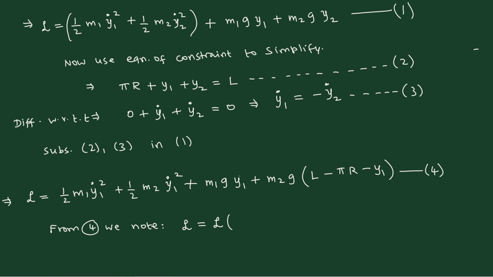So the y1 is a variable, therefore let us say that Lagrangian is a function of y1, then comma. L, pi r, all are constant, and again y1 is there. So y1 is enough. Then there is a y1 dot, once again the same y1 dot. Therefore, it is a function of y1 dot.